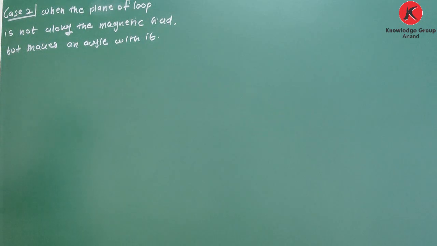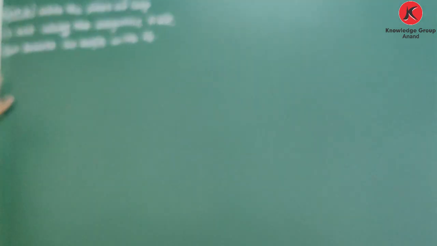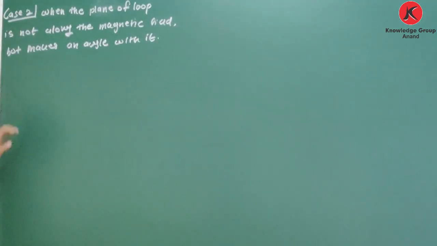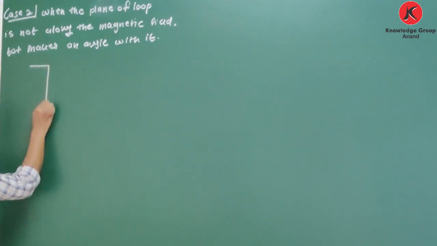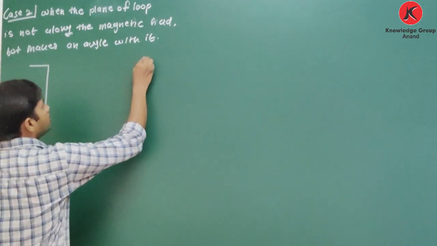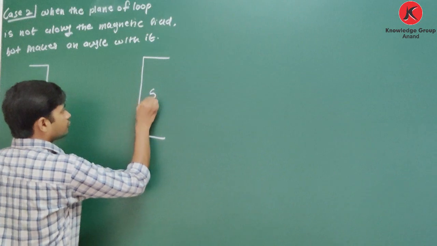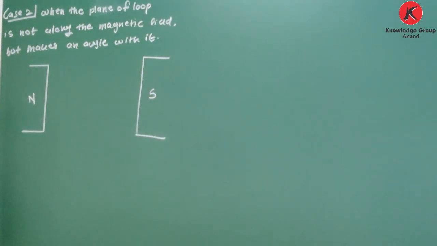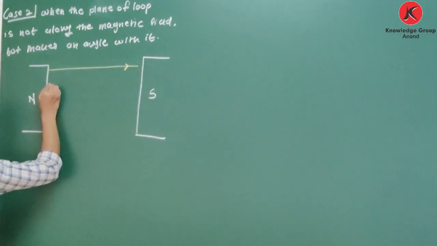Now case 2, when the plane of the loop is not along the magnetic field but makes an angle with it. So see, we will draw the figure. Here it is, magnetic north pole, south pole.